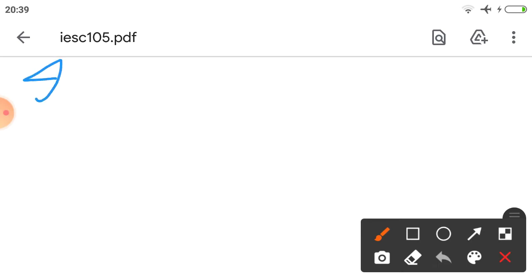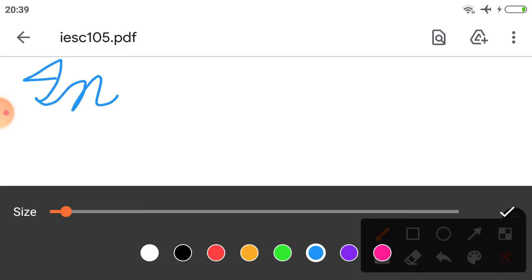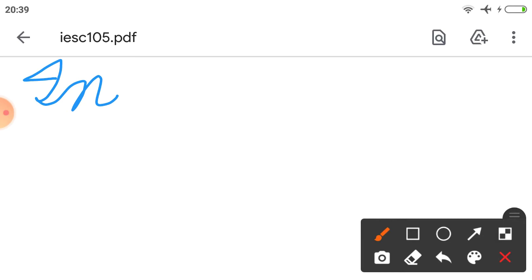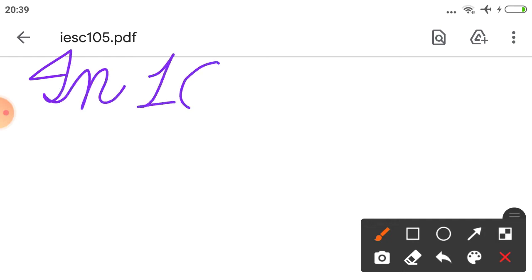In 1665, one scientist came who was Sir Robert Hooke. In the year 1665, let me underline the year.